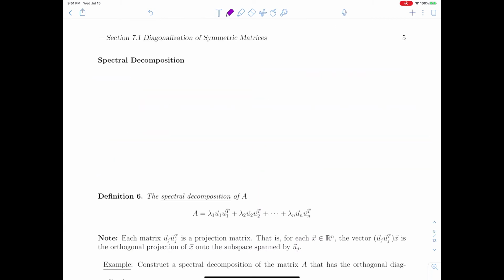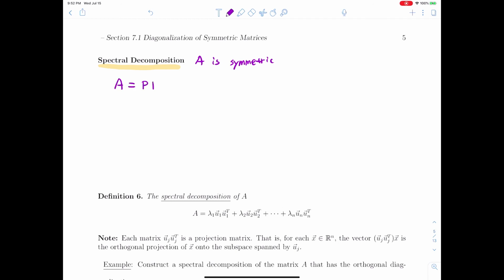So if A is a symmetric matrix, then we can write A as a linear combination of some product of orthonormal vectors with eigenvalues. So we say that as spectral decomposition. So let's say A is a symmetric matrix. Then we can diagonalize A orthogonally.